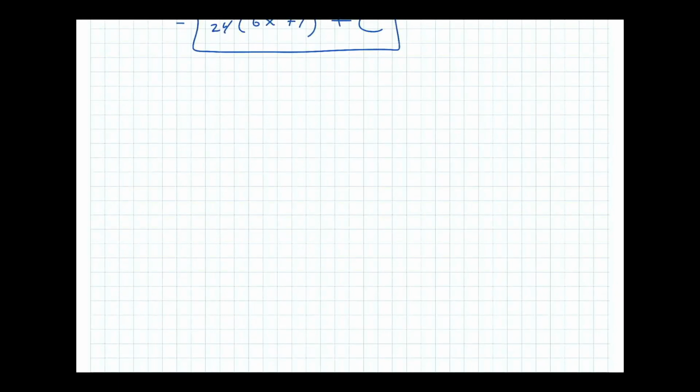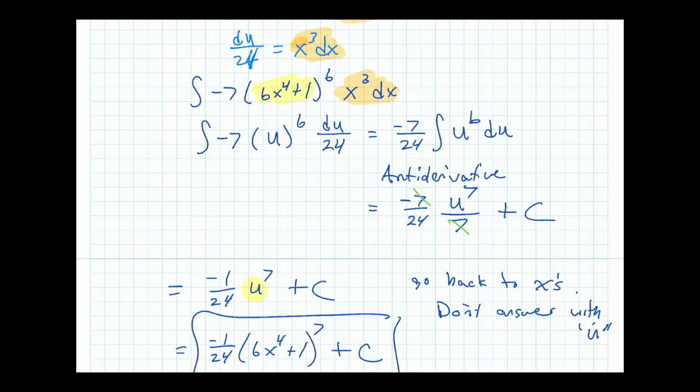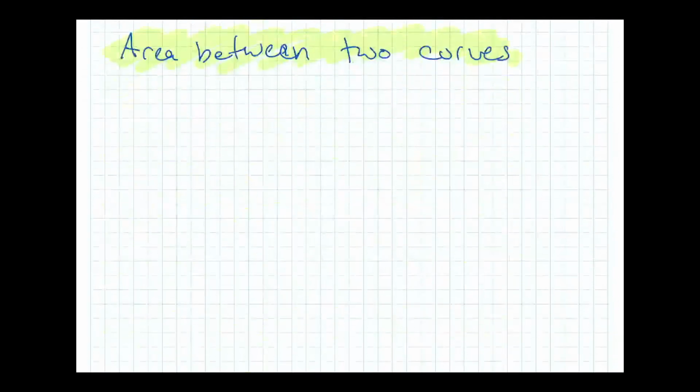So I keep clicking on the wrong thing. Area between curves. What number are we on? 6?